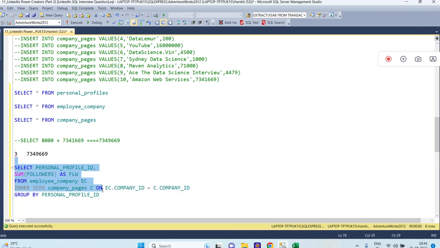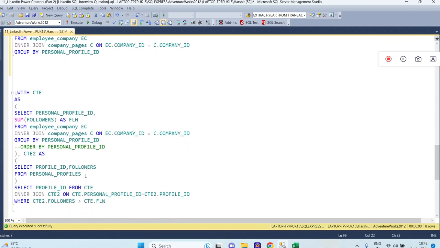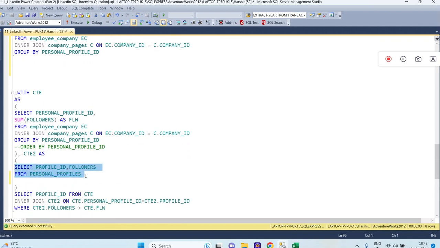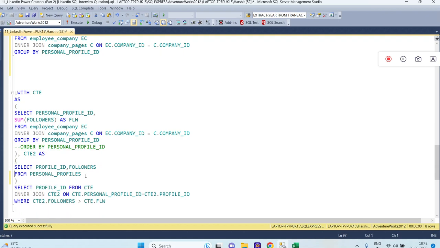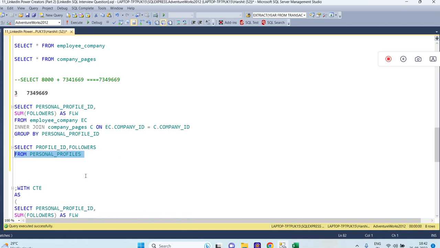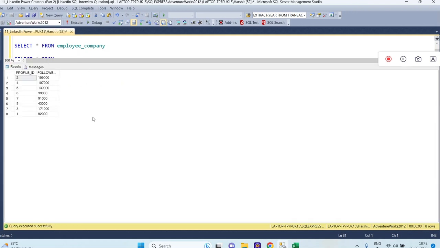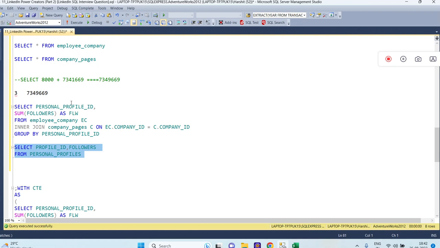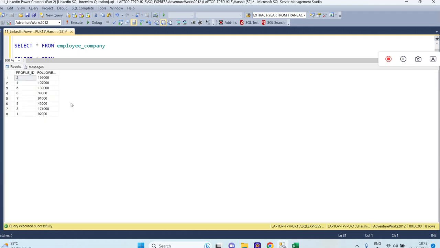So this will become our first city, right? Now, what will be our second city? Second city will be very simple. We just need to use the personal profile table, and in that we need to select personal ID and followers, right?